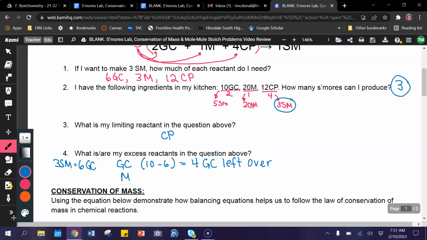What about marshmallows? Well, if I'm making 3 s'mores, I need 3 marshmallows, and I'm starting out with 20, and that means that I would have 17 marshmallows left over.